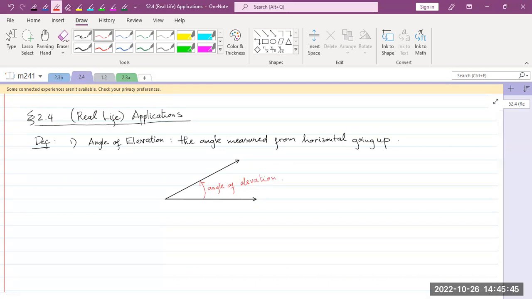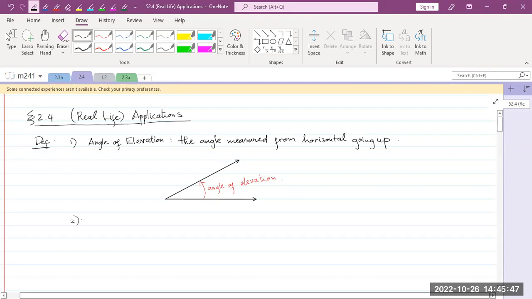Okay, now the second one, very similar to that, is called angle of depression. That is the angle measured from horizontal going down.